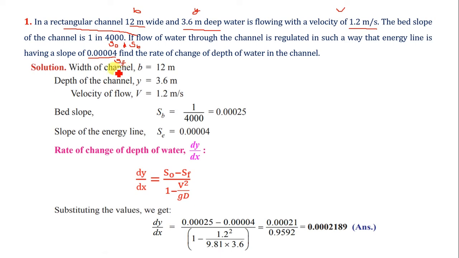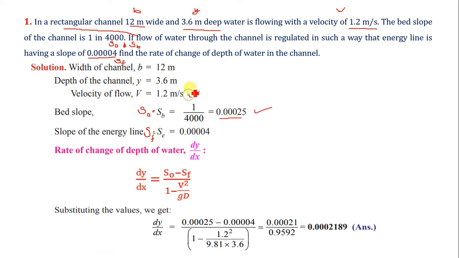Sf is the notation used to represent the slope of the energy line. So S naught and Sf are both given. Of course the bed slope S naught is given as a fraction, and I'm just writing it in decimal format for easy substitution. Here SE is used to denote the energy slope and SB the bed slope, so different notations can be used. Don't worry about that.